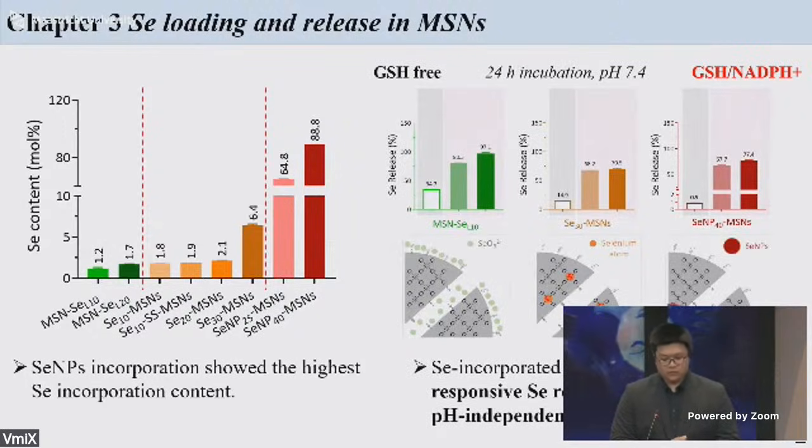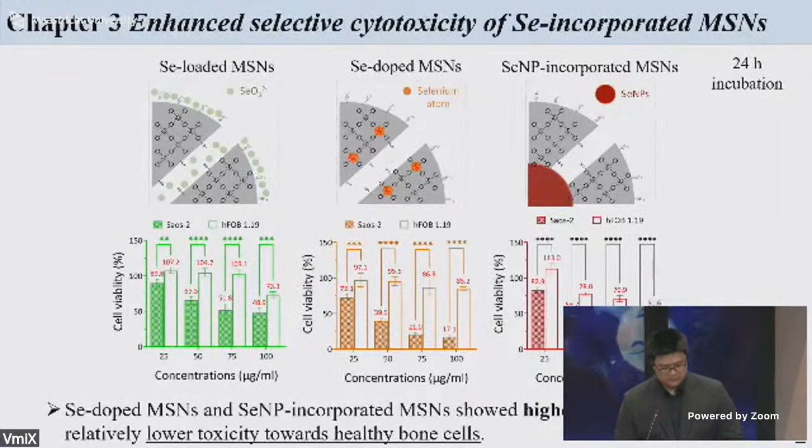Interestingly, the 3 groups of Selenium-Incorporated MSN showed a redox-responsive selenium release property while being pH independent. Based on the toxicity test, we determined that the selenium-doped and selenium nanoparticle-incorporated MSN were more promising because they show higher anti-osteosarcoma ability while relatively low toxicity on healthy cells.